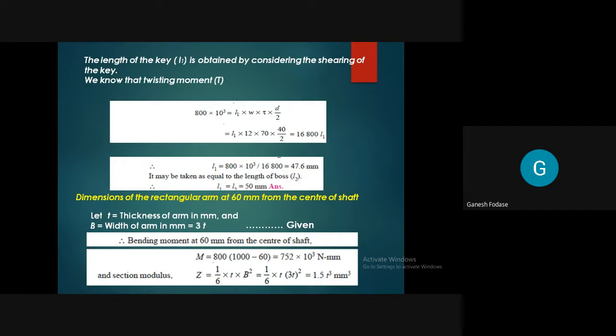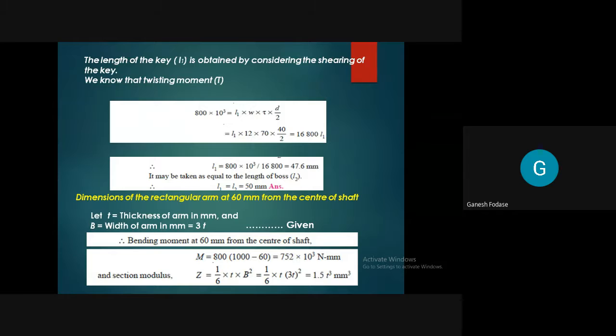Once you get the bending moment, we can find the section modulus, and once you get the section modulus, we can find the dimensions. The section modulus formula is known to you: T into B square by 6. It's nothing but I upon Y. I is the moment of inertia, divided by the distance from the neutral axis.